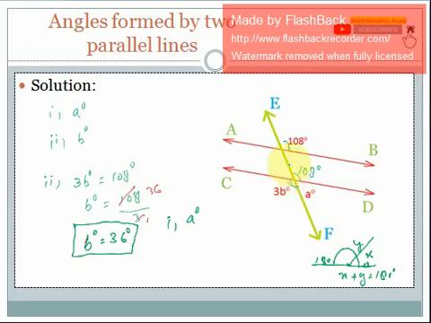So here this is a straight line, and when we add the two angles, it must be equal to 180. So 108 degrees plus A degrees is equal to 180 degrees. So A degrees is equal to 180 minus 108. So A degrees must be equal to 72 degrees.